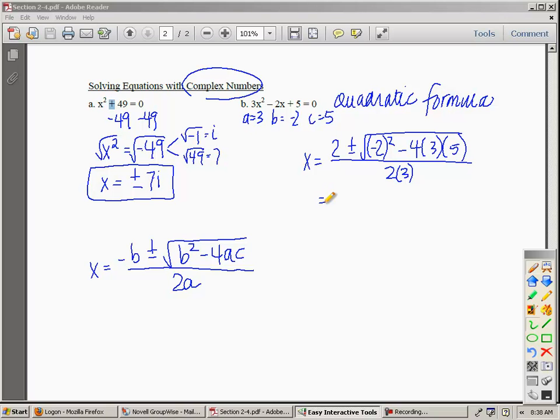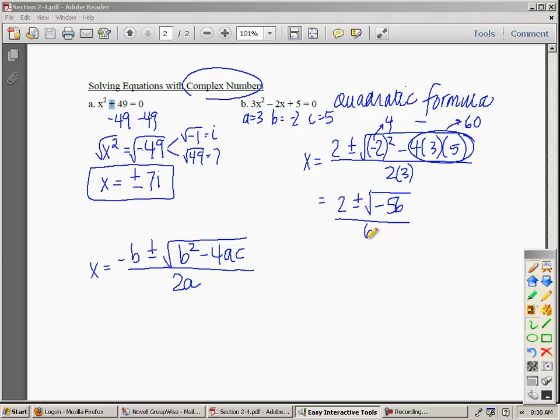And we're going to do a little simplification from here. 2 plus or minus the square root. Now, negative 2 squared is 4. All of this is 60. So 4 minus 60 is negative 56, all over 6.